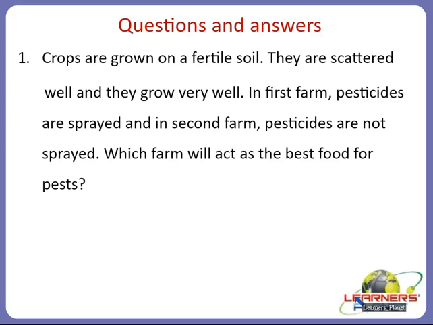But what has happened in the second farm? It is the condition that pesticides are not sprayed. So in the first farm, pesticides are sprayed, and in the second farm, pesticides are not sprayed. This is the difference between these two farms.